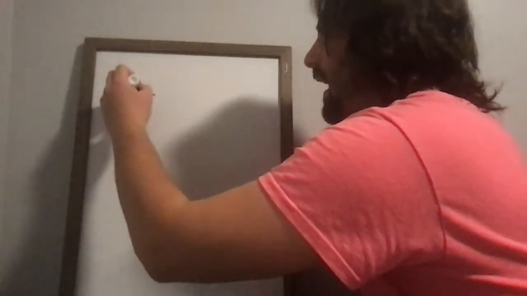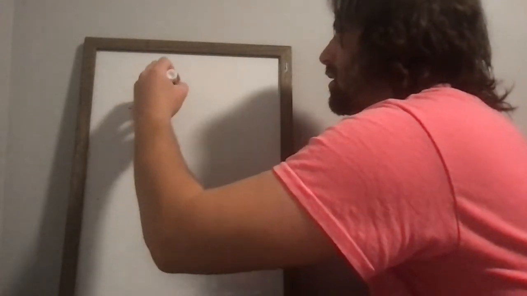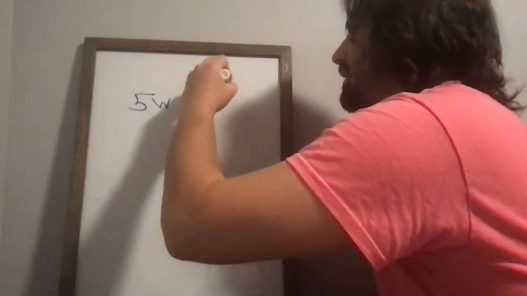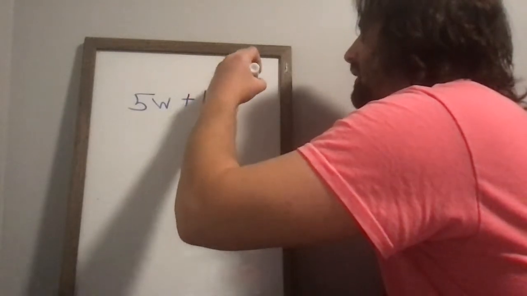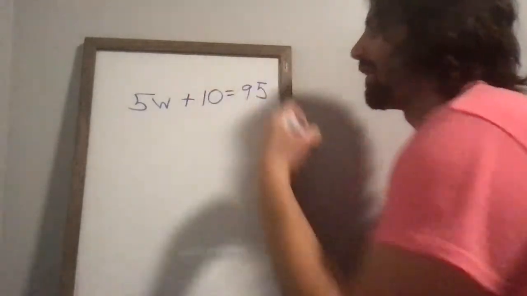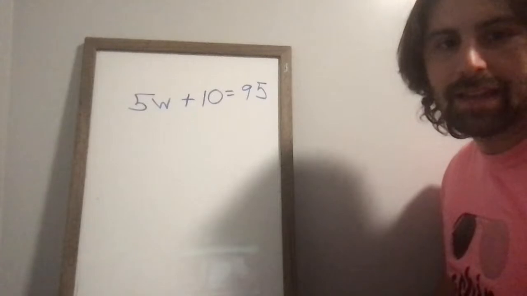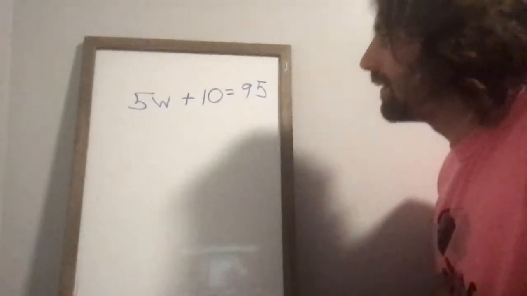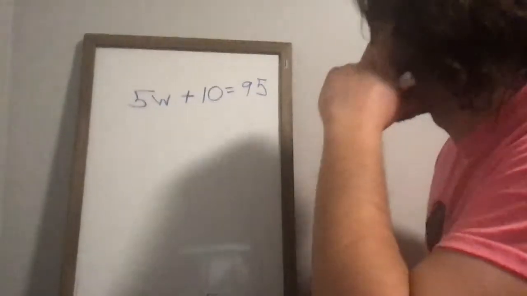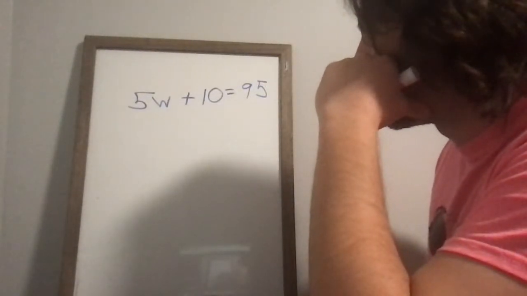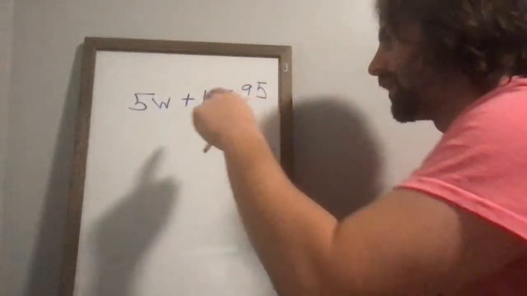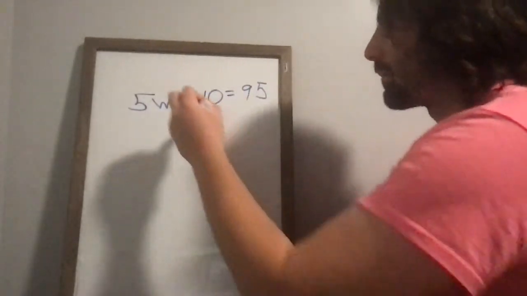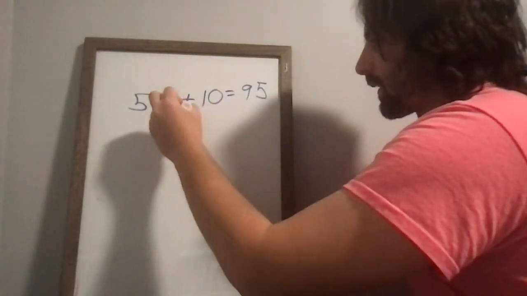Okay, let's say 5w plus 10 equals 95. 5w plus 10 equals 95. So step one, we got to get the 5w by itself. So again, the operation is addition.